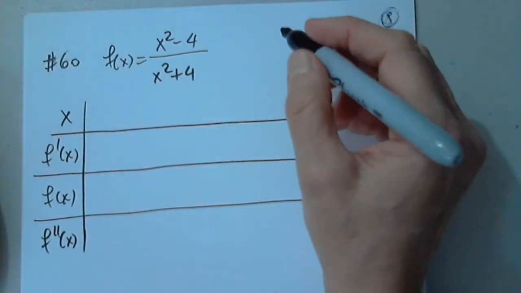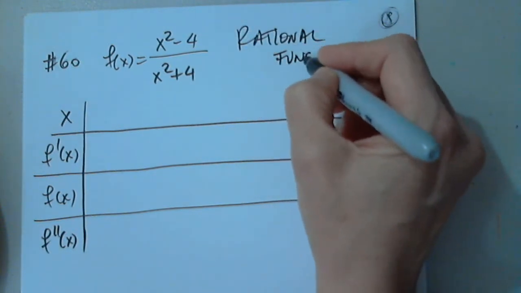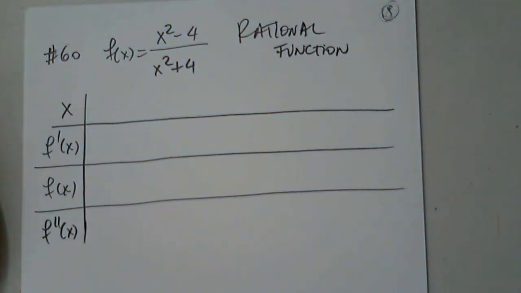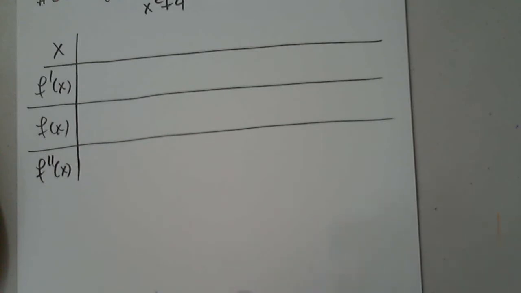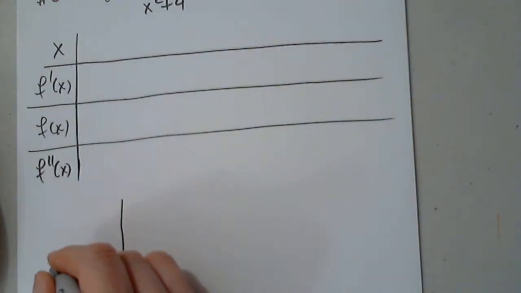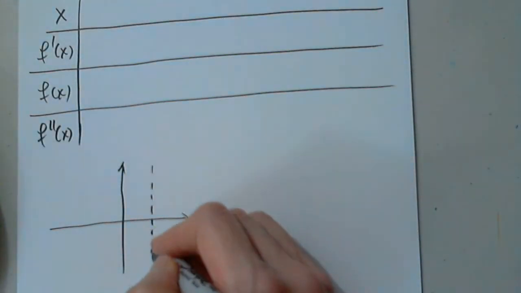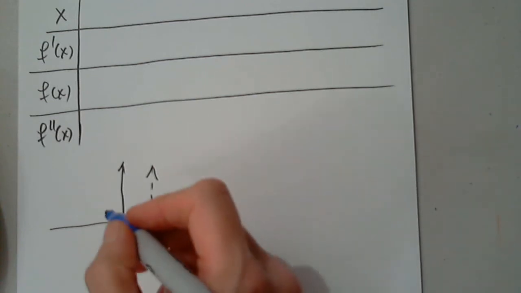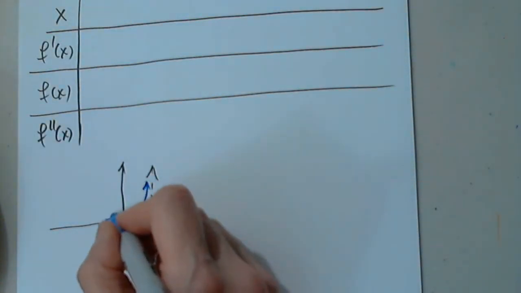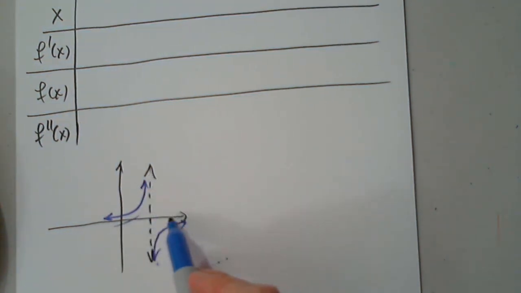Rational functions, by comparison to everything we looked at, can have, not necessarily, but they can have vertical asymptotes. And if I find a vertical asymptote, then I have to determine the sign left and right. It could be this, it could be this, it could be both on the same side.